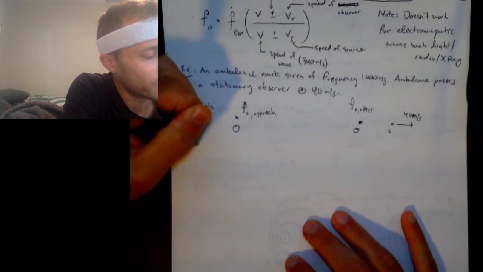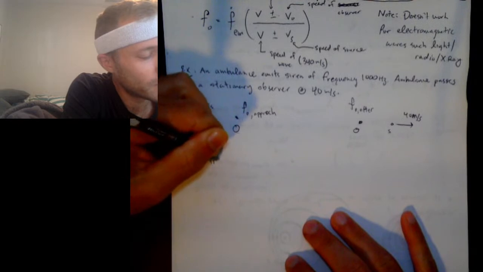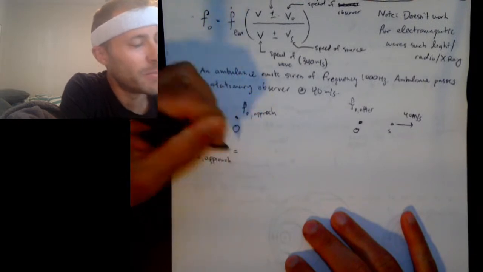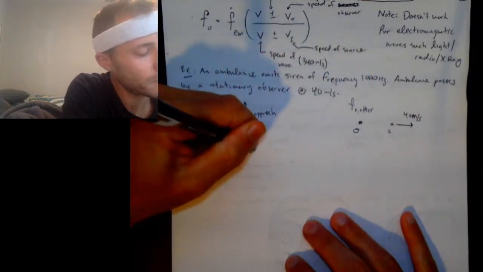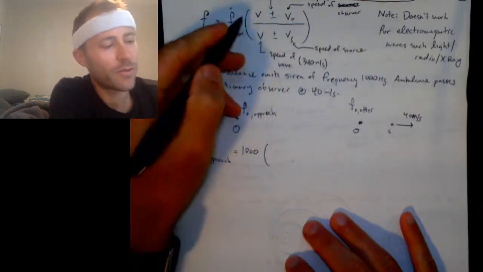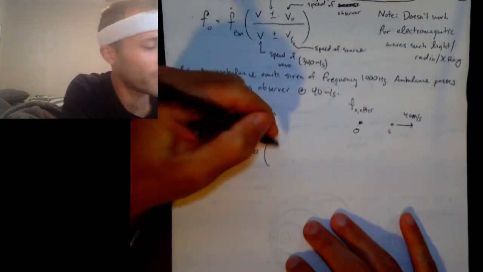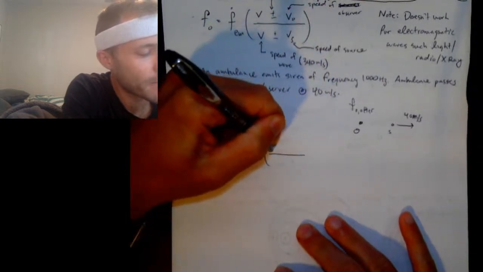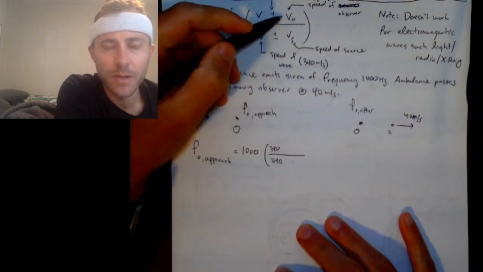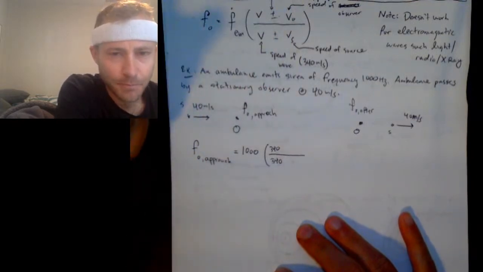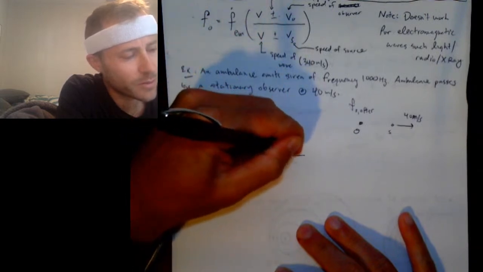So my equation is the observed frequency on approach is the emitted frequency, which is 1000 hertz, times this fraction, where v is the speed of the wave, which is 340. The speed of the observer is at rest, and so therefore the speed of the observer is 0.